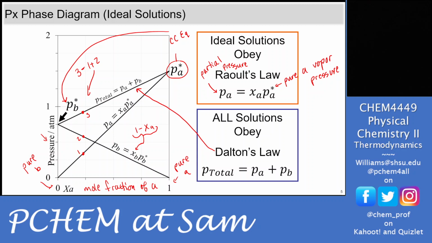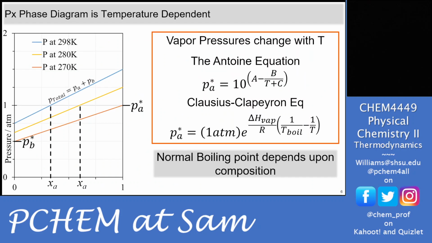And this is all at a temperature. So this particular diagram is at one temperature. And you change the temperature, the vapor pressures change, and all the curves adjust. Yeah, here's the Clausius-Clapeyron equation.